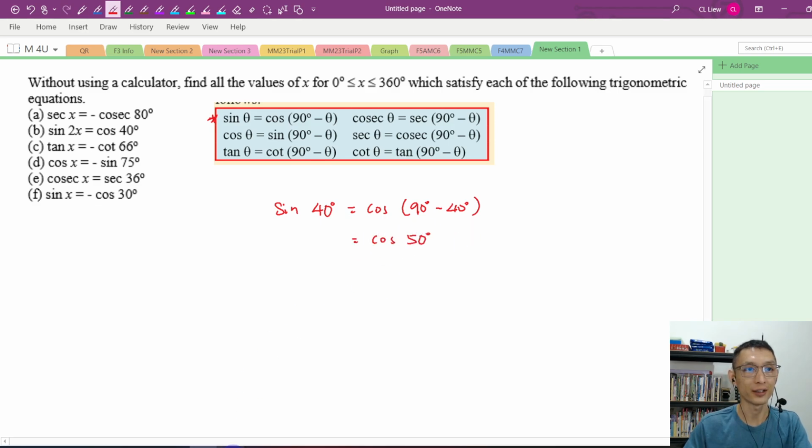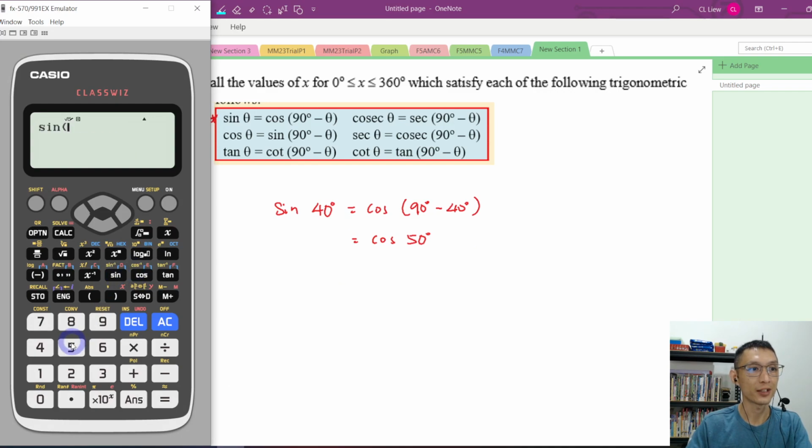You can press your calculator and see: sine 40 degrees is 0.6428. How about cosine 50 degrees? 0.6428, exactly the same thing, right?